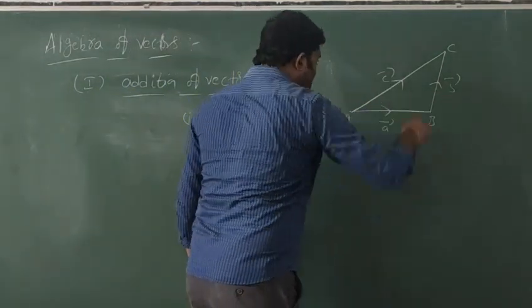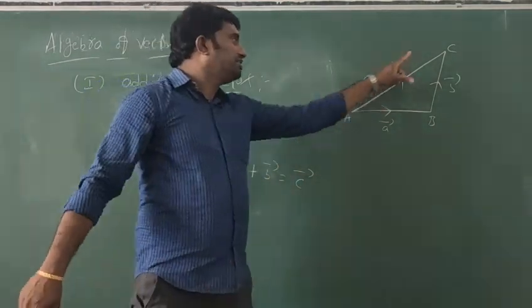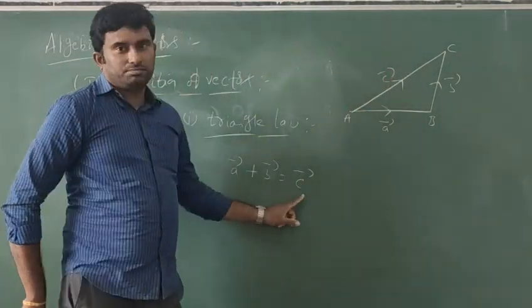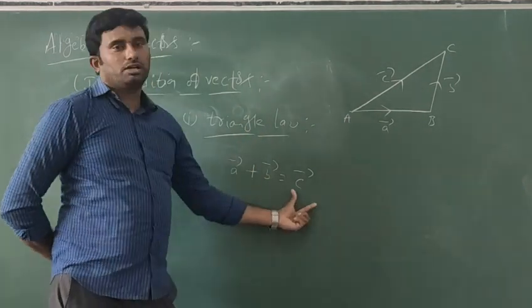Therefore, the sum of these two vectors is the third side, that is AC bar, nothing but C bar. This is the triangle law of addition of the vectors.